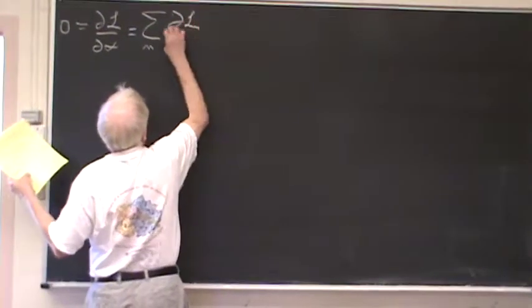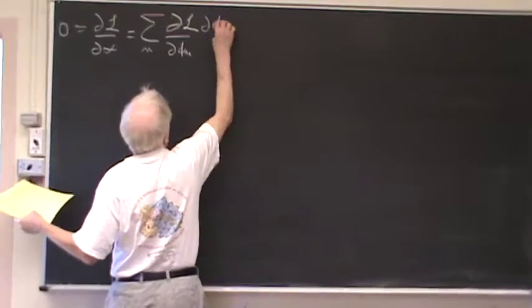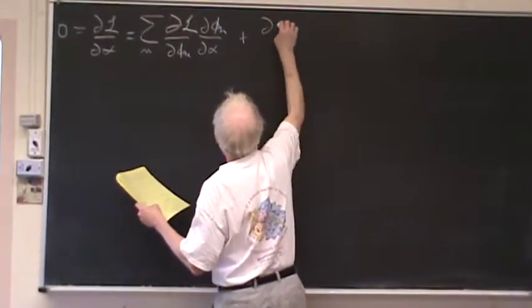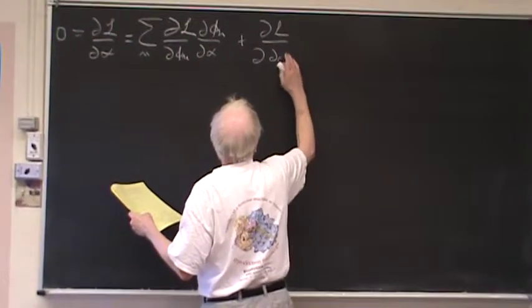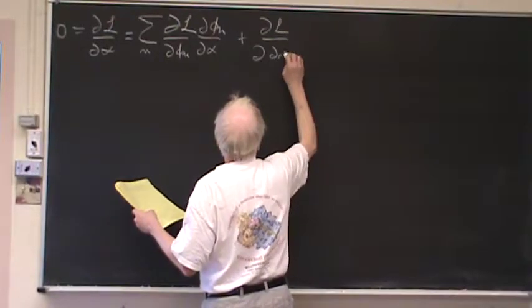This is partial L, partial phi n, partial alpha, plus partial L, partial, let us say, I'll say dA phi.